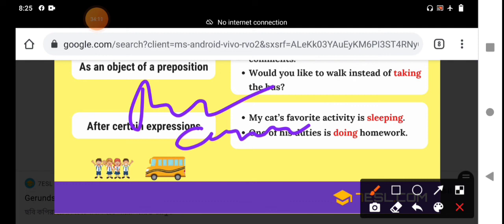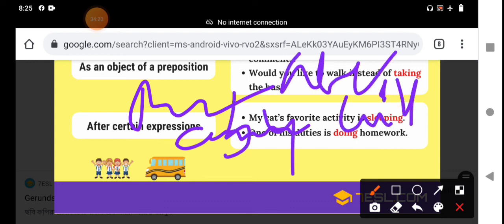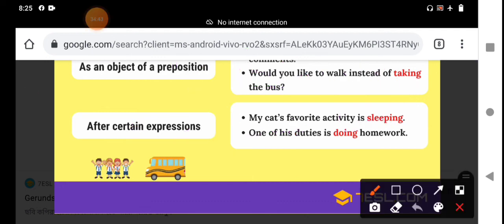Some prepositions take the gerund. What are these prepositions? By, with, after, before. For example, by running with scissors, Sheshu gave his cat some battle scars.